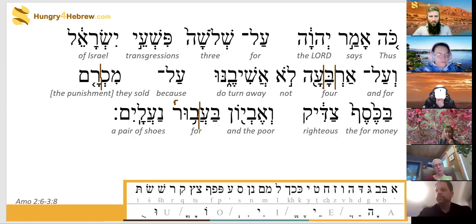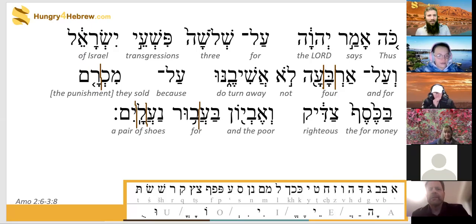Ba'arav, ba'avura. We'll work on this in a second. Last word. Na'alayim, three syllables. Na'alayim. Very good. Na'alayim, Na'alayim.